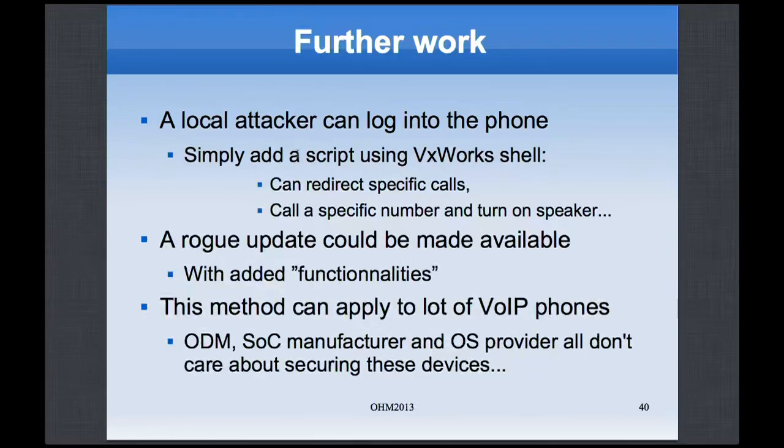You can do a lot of things since you own the phone of someone else. Also, the rogue update can be used to add some functionalities. So still on like a large-scale spying in a company, for example, because if you push an update, all the phones in the company will have the same update.